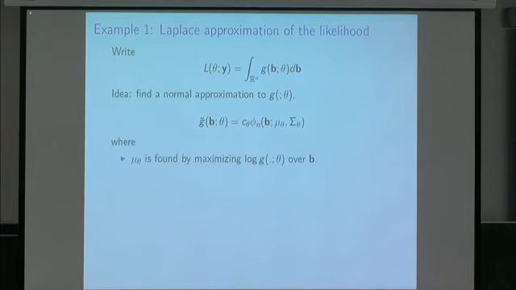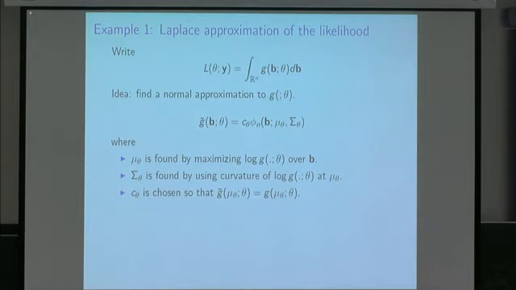So first of all, you find the mean or the mode of the normal approximation to make sure that the mode of log g and log g tilde match each other. And then you find the variance matrix to make sure that the curvature of log g and log g tilde match each other at the common maximum. And then the constant is just chosen so that the actual values of g are the same at that maximum value as well.